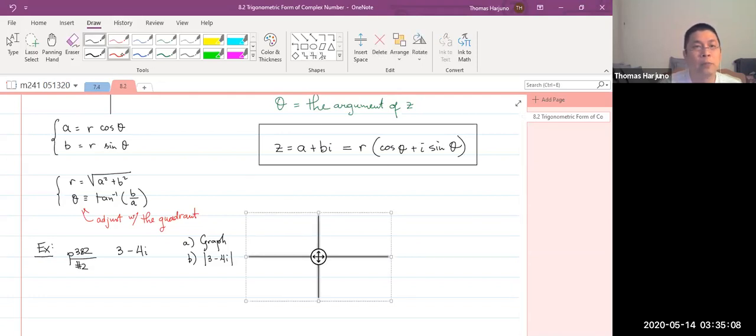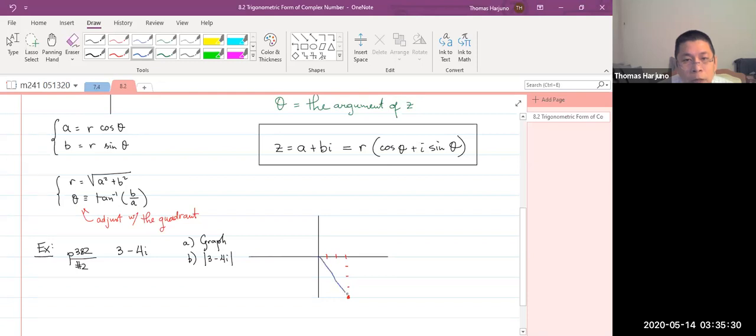Now, what is the graph? The graph will be (3, -4), right? 3 minus 4i, that's (3, -4). So approximately, this is the position. Then the length of this blue line will be the magnitude.